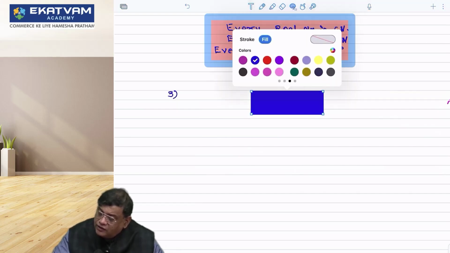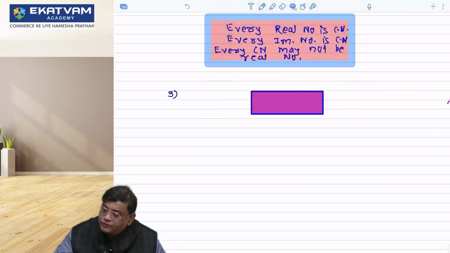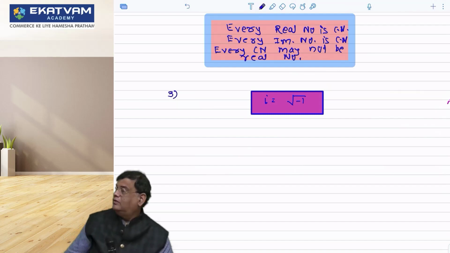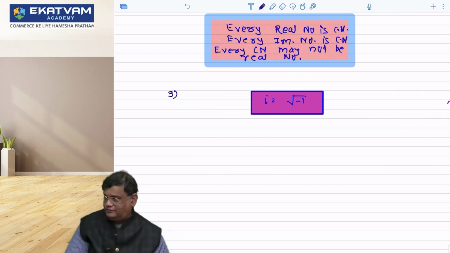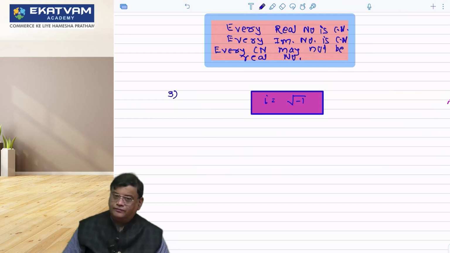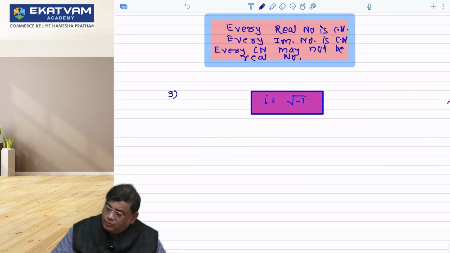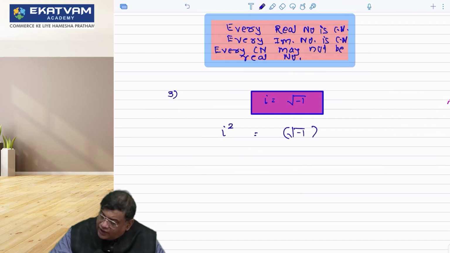So i is root of minus 1. What you know is that i is nothing but root of minus 1. If I ask what will be i square, then it is going to be root of minus 1 the whole squared.